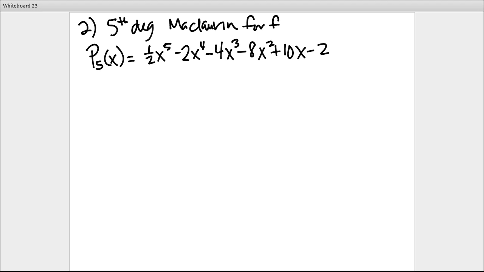And they wanted you to find a bunch of the derivatives evaluated at 0. I'm just going to do one of them because you do the rest of them the same way. I'm going to do the hardest one.